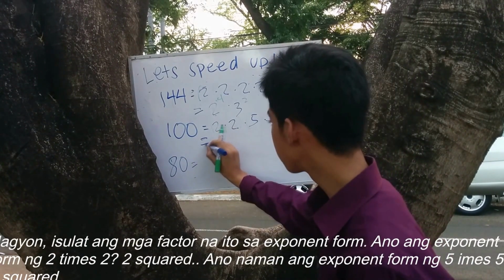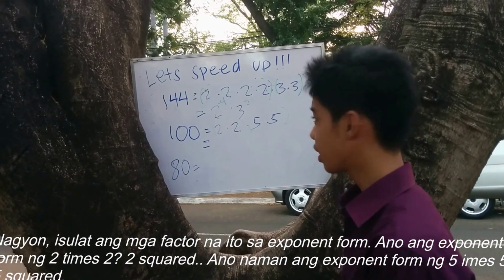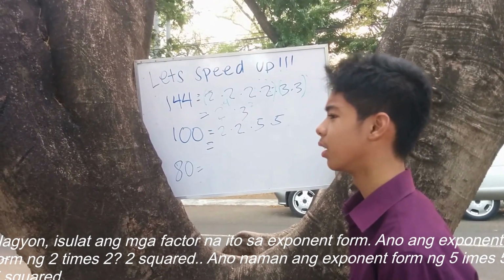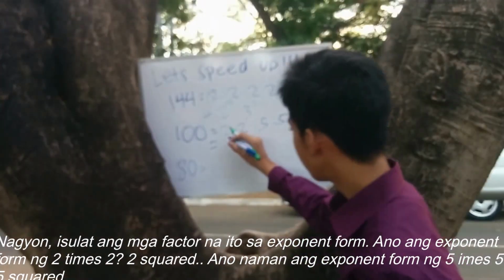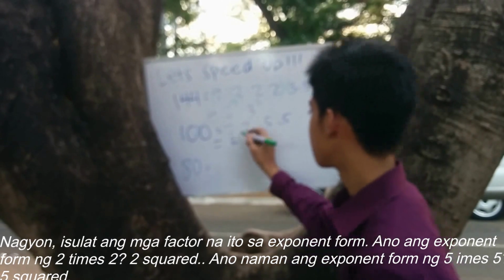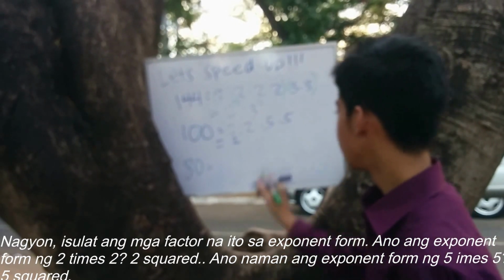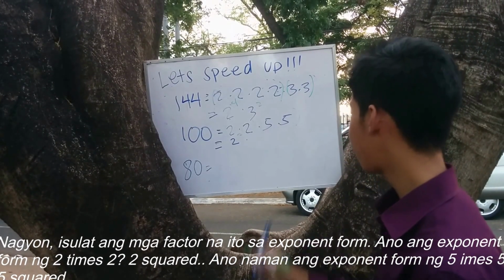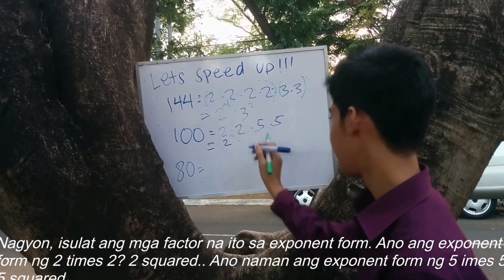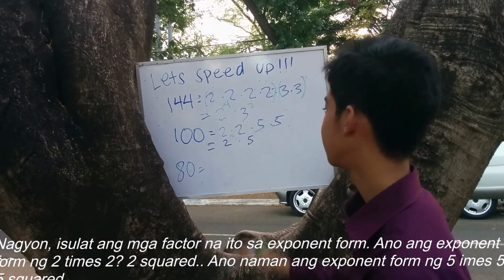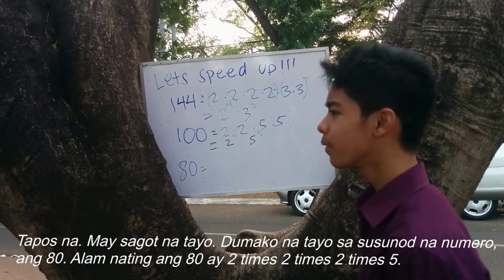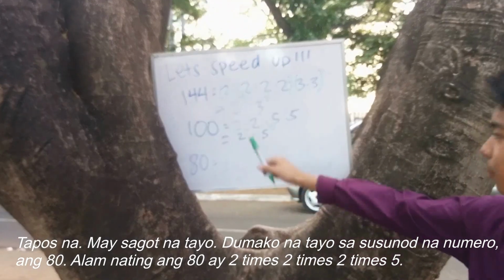Then we convert them to exponent form. What's the exponent form of 2 times 2? It's 2 squared. Now what's the exponent form of 5 times 5? It's 5 squared. So now we have arrived to the factored form of 100.